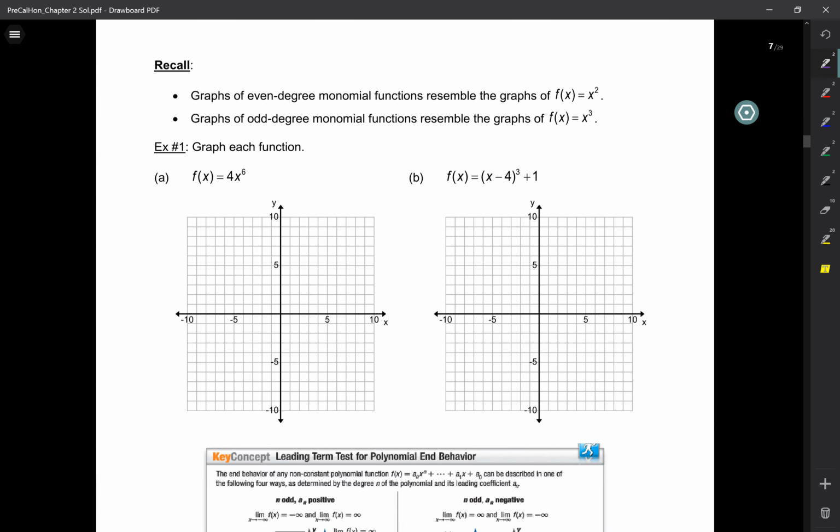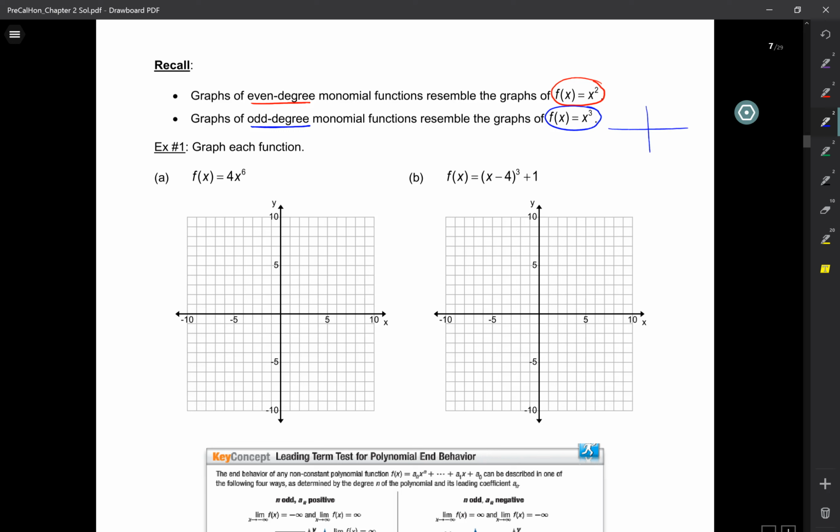All right, so one more thing we're going to recall from last lesson is that even degree polynomials are symmetric around the y-axis, and those are like the graphs of f of x squared. So basically like your parabolas, those are your even degrees. Odd degree monomials are like the x cubed, right?